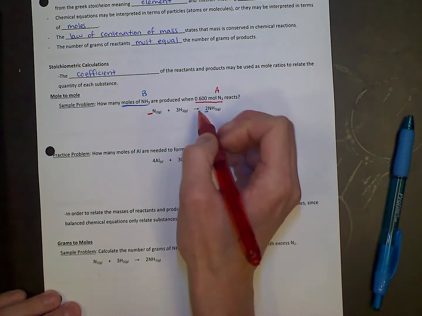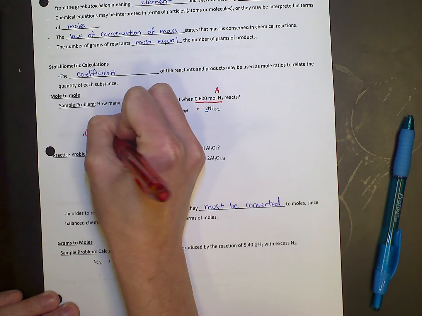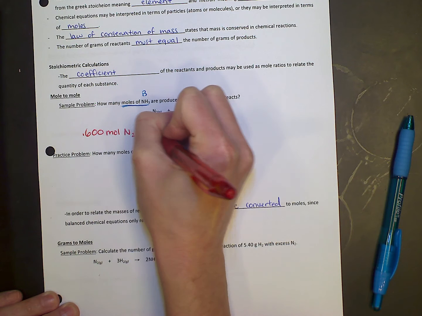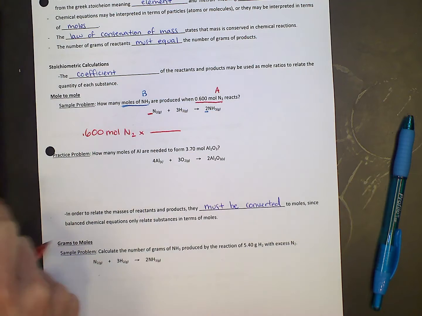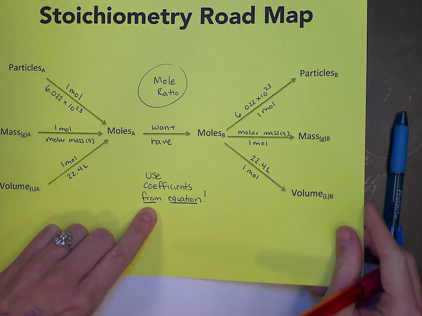So I'm going to write down what I started with: 0.600 moles of N2, and start my conversion. Again, the conversion says want over have, and I'm going to use the coefficients from the equation.